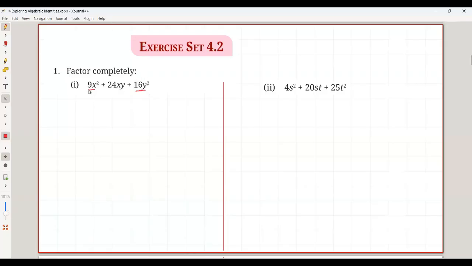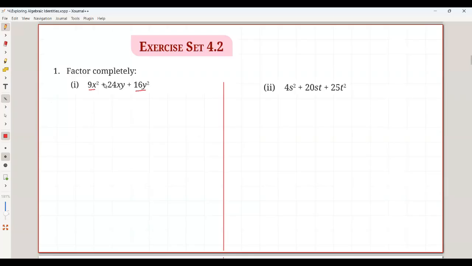We know the formula a square plus 2ab plus b square is equal to a plus b the whole square. We have learned a plus b the whole square.